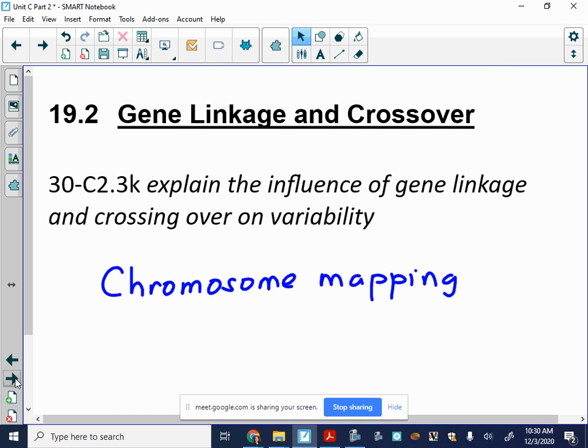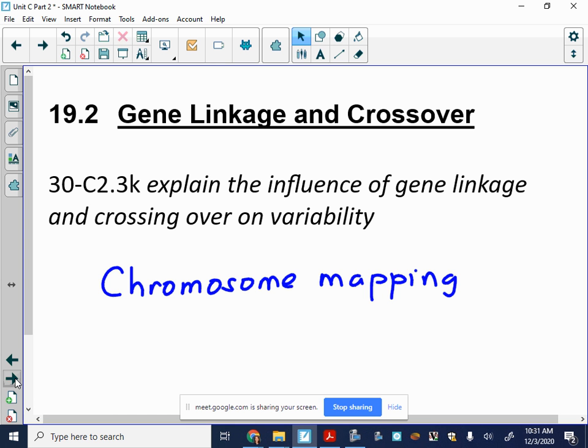All the other information that I'll be presenting up until I teach you how to chromosome map is how scientists like Thomas Morgan were able to map the chromosomes. And so there's a lot of backstory, and I apologize for that.